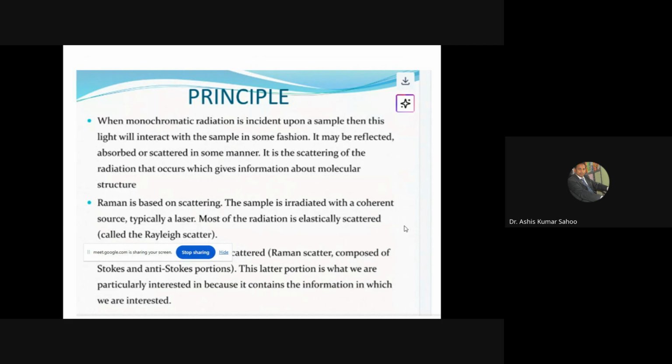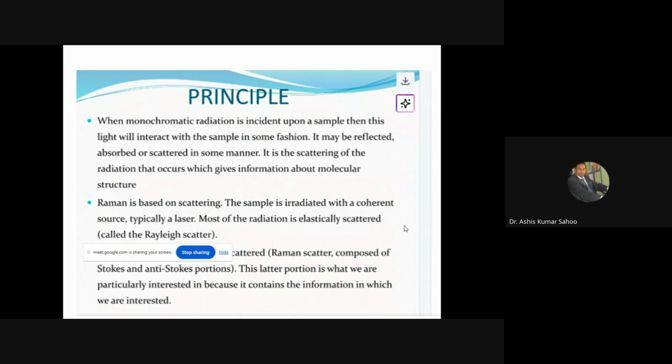It is the scattering of radiation that gives information about the molecular structure. Raman is based on scattered light. When light falls on matter, it can be reflected, absorbed, or scattered. So in Raman spectroscopy, we talk about scattered light.